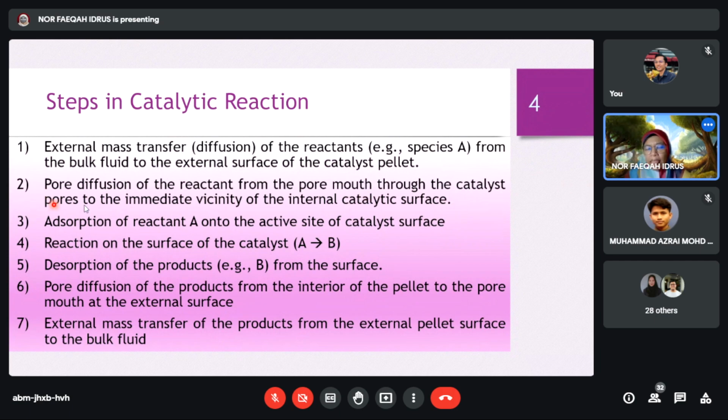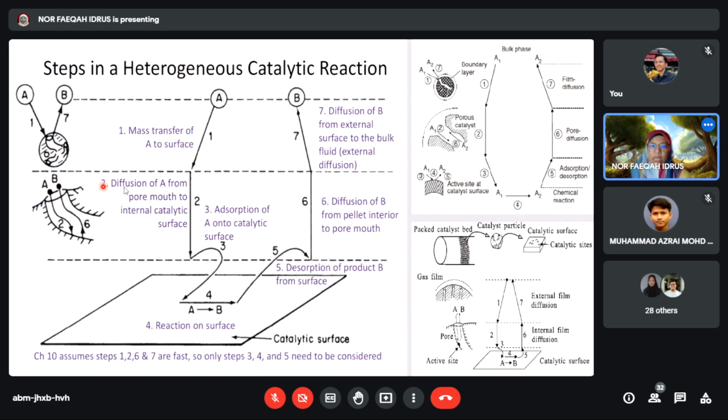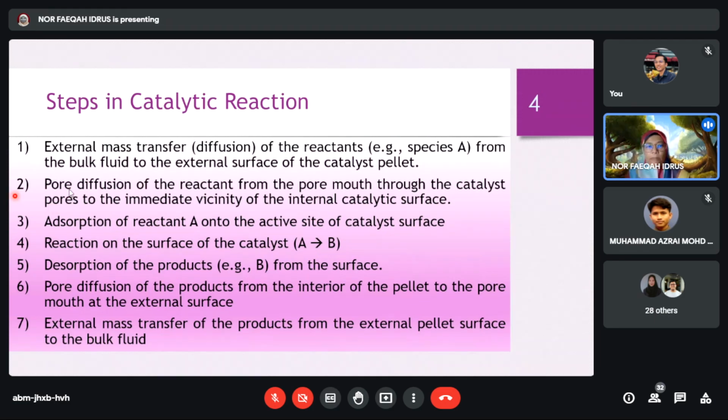If you look at the explanation, it is quite difficult to explain, but you can still use this explanation. Diffusion of A from the pore mouth to the internal catalytic surface, this is still acceptable. If you give a simple explanation, it is still acceptable, compared to this detailed explanation.